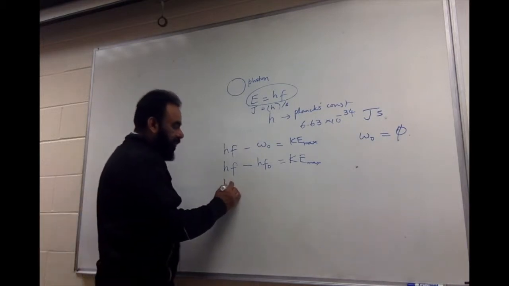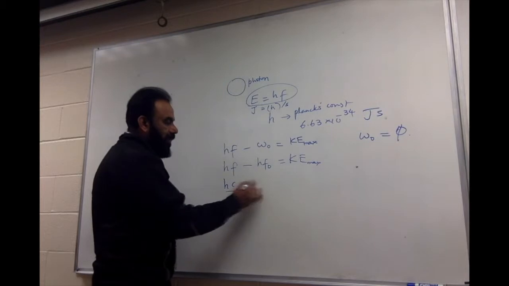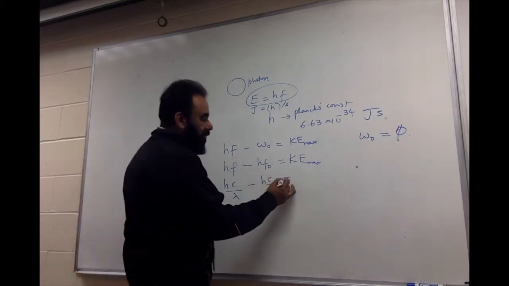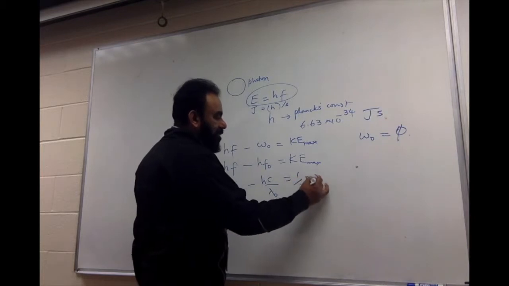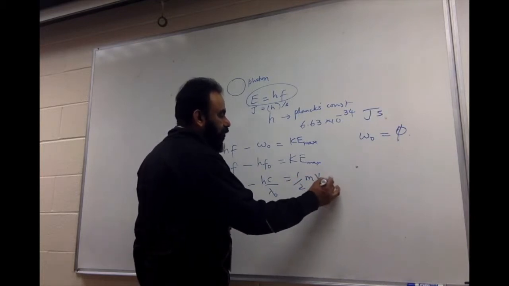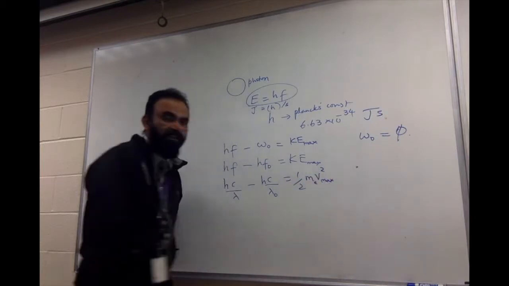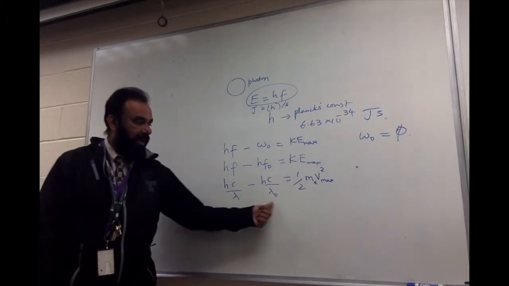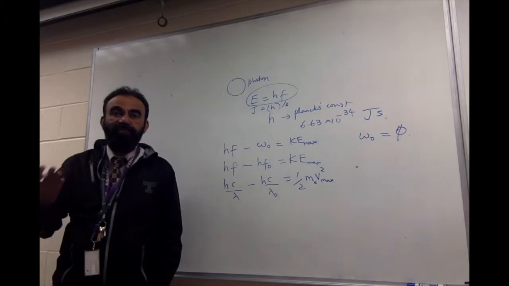So you can also write it as hc over lambda minus hc over lambda naught, in terms of wavelengths, is equal to half m v max squared, where m is the mass of the electron. Lambda naught is called the threshold wavelength.